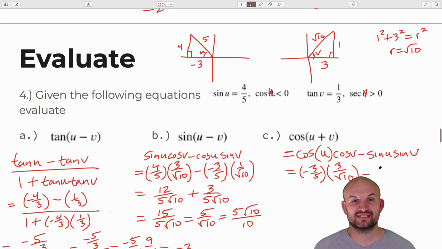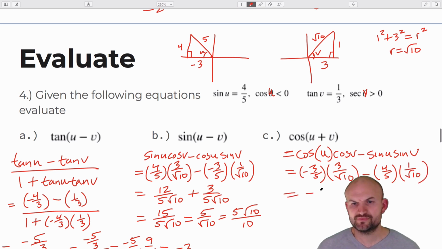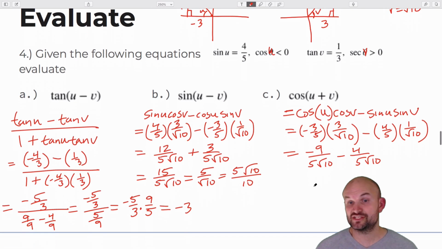And that's going to be minus a sine of u, which is 4/5 times the sine of v, which is 1 over the square root of 10. So this becomes a negative 9/5 square root of 10 minus a 4/5 square root of 10. And now I can just go ahead and subtract those to give me a negative 13/5 square root of 10.